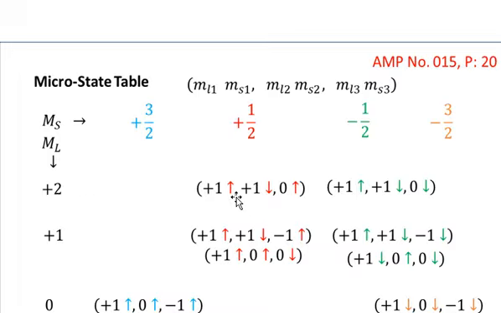And if you add the values corresponding to these arrows, you will see it is equal to +1/2. Similarly, to construct M_L equal to +2 using M_S equal to -1/2, you can have this set: +1 up, +1 down, 0 down. You see that here you have two quantities +1 and the third quantity is equal to 0.